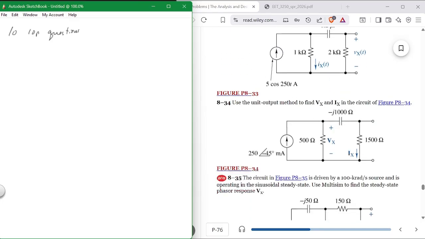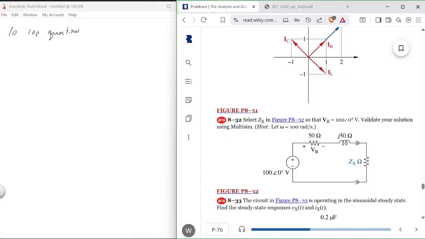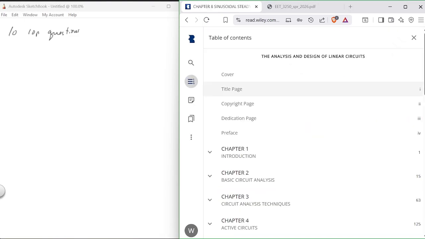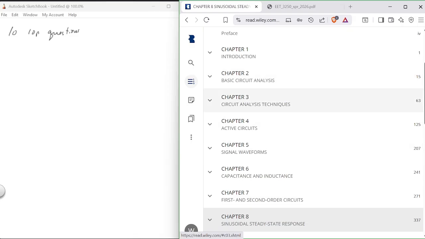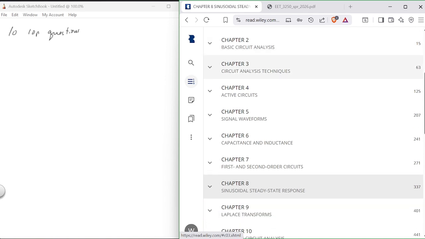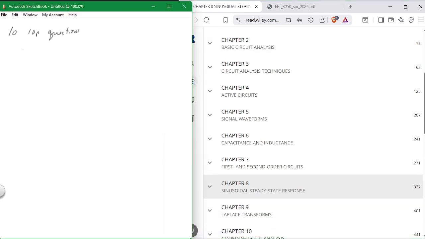I look at what we've got so far, what we've done, and we basically skipped chapter 1 and chapter 2. We did a little bit of chapter 2, but we really talked about chapter 3, chapter 4, chapter 5, chapter 6, chapter 7, and chapter 8.